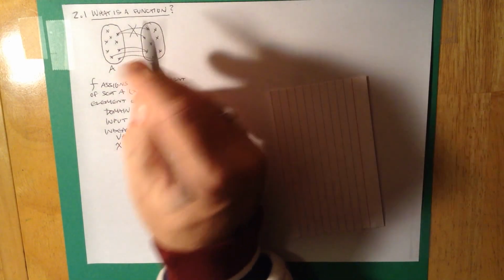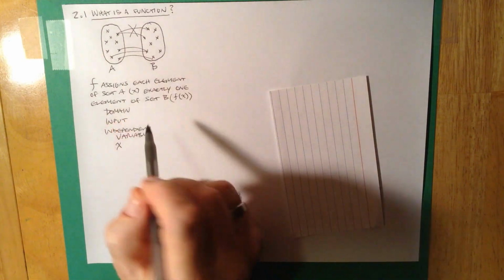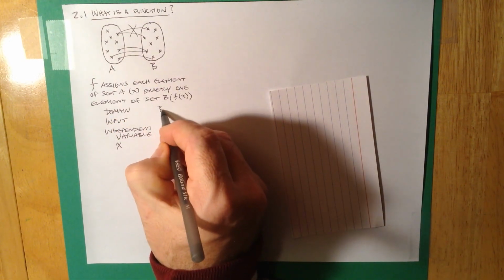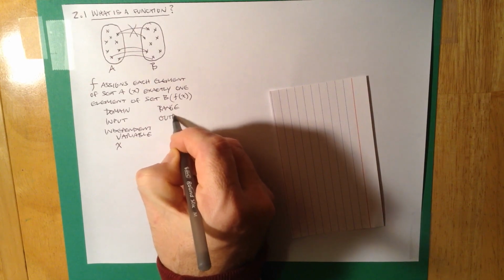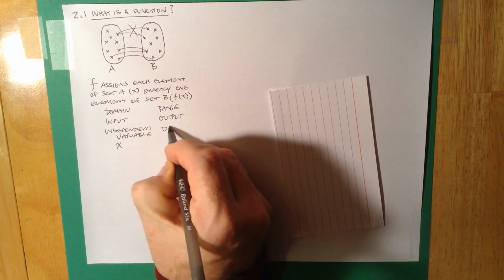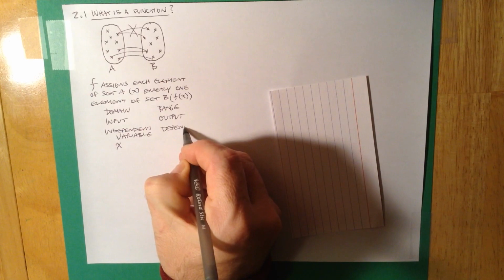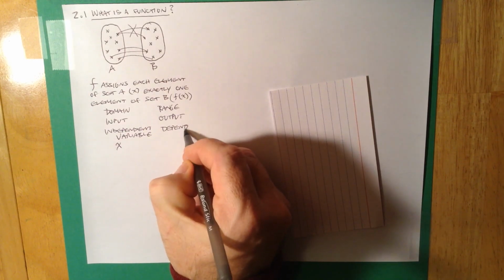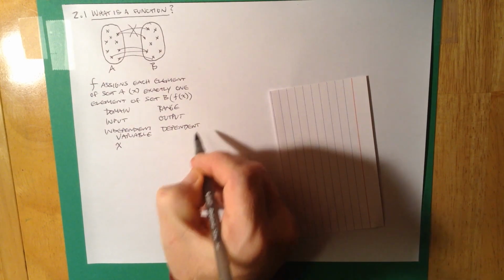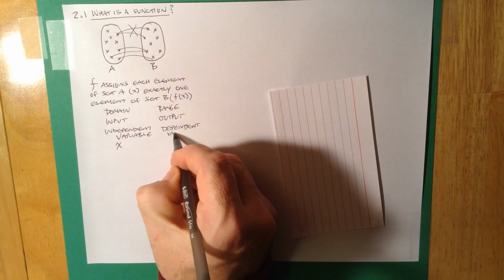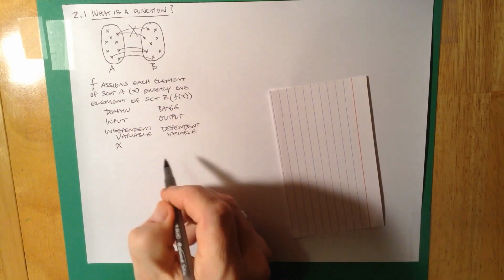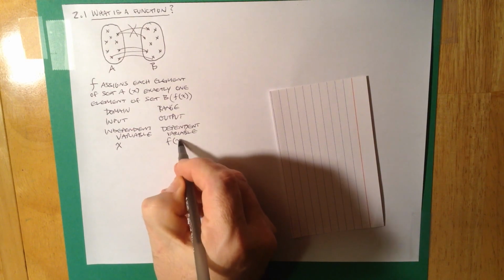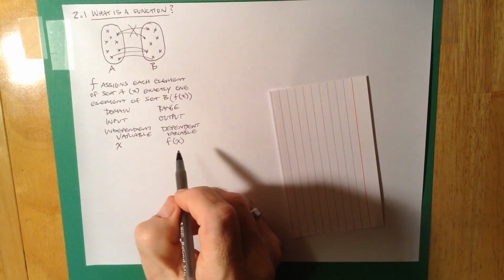And then the set that the function maps to is called the range, or the output, or the dependent. It depends. The result in set B depends on what you started with in set A. And this is called f of x, the result of the function.